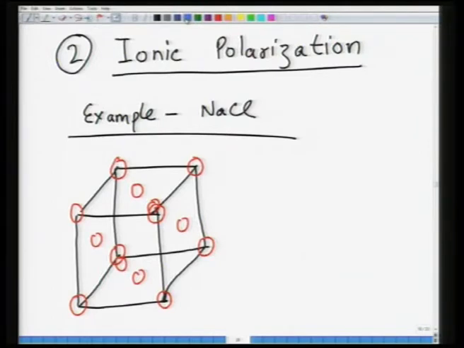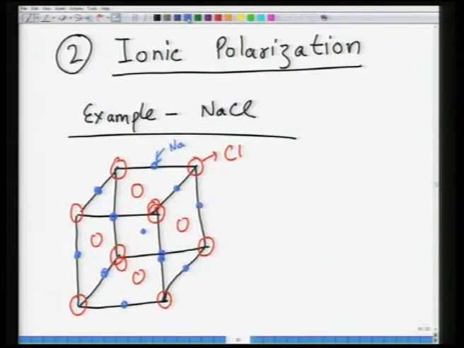The sodium atom goes in all the FCC sites, which are located at the edge centers and one body center. So these are all your sodium atoms. Let us say this is sodium and this would be chlorine.